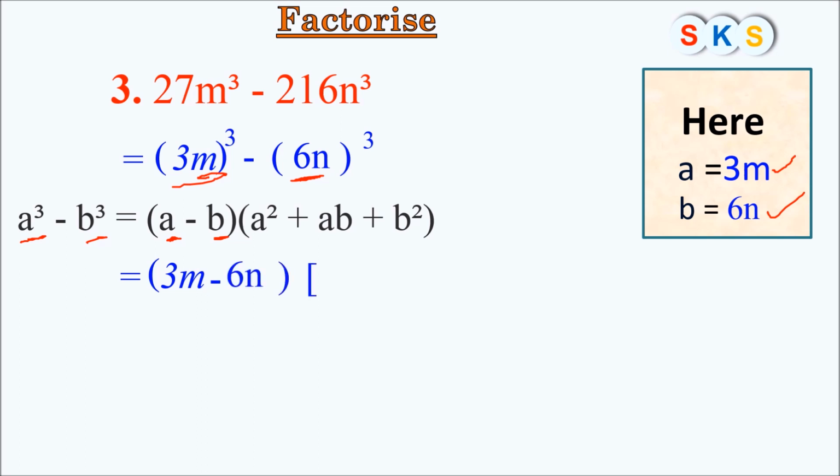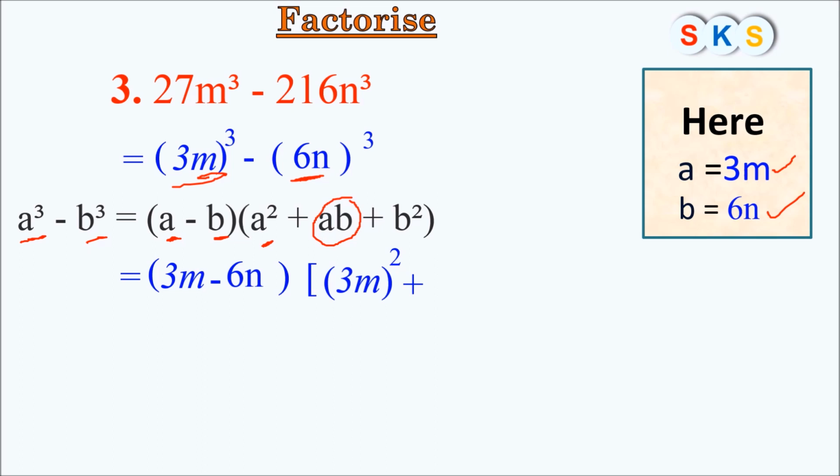Now in the second bracket you can see that the first term is a square, right? And what is the value of a? You can look at the rectangular box. Here a is 3m, so we will write 3m the whole square, plus ab. ab means a into b. And what are the values of a and b?